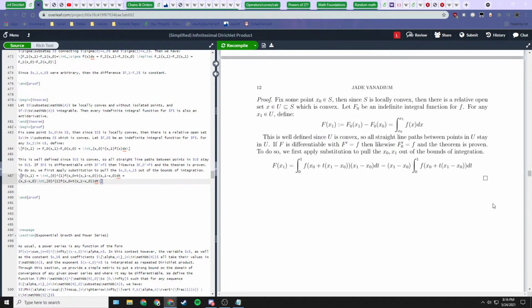Okay, so it definitely would be enough to assume it's continuous. Let me think if maybe there's any other way. For example, we could attempt, well, that might not work.